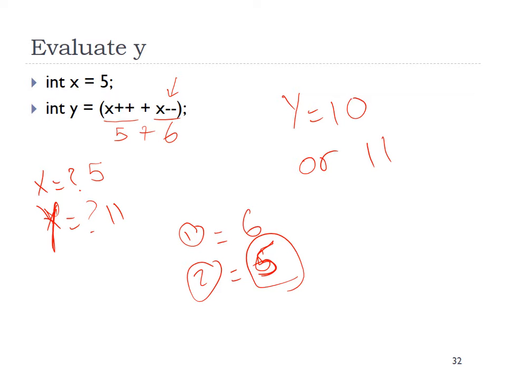I mean, I can make a variety of this. I can tell you plus plus x plus x plus plus. I can make things easier, right? Can you guys tell me this one? Let's say x is 5, and I'm telling you evaluate this guy.